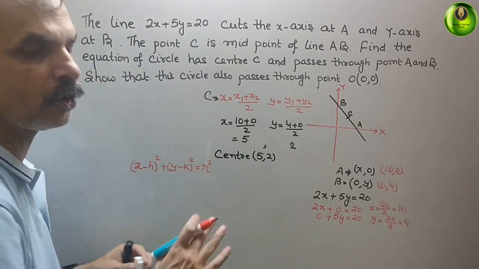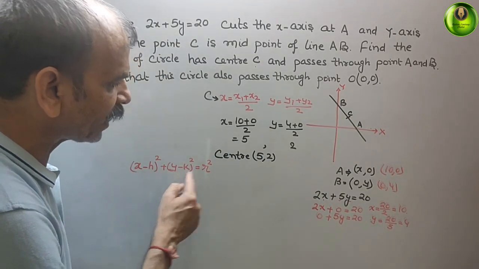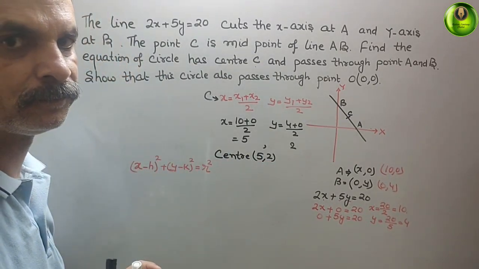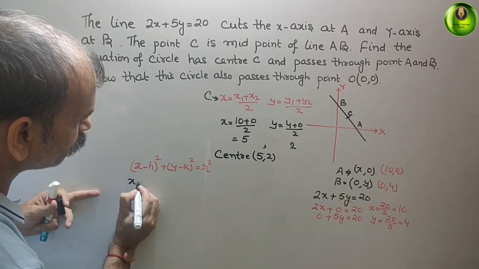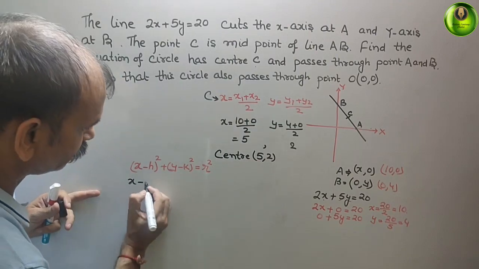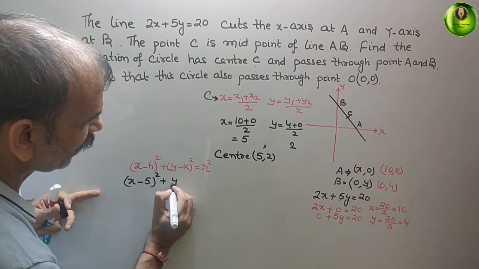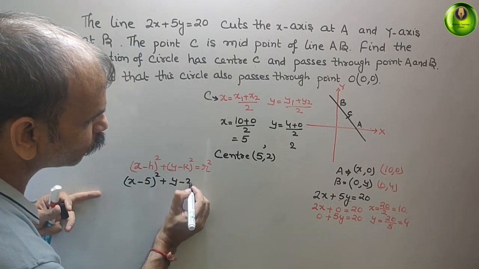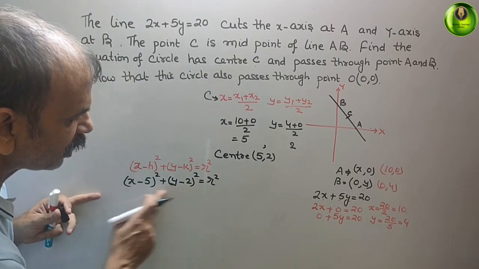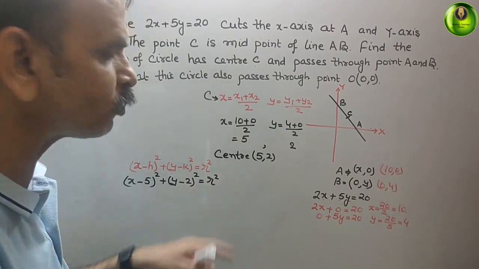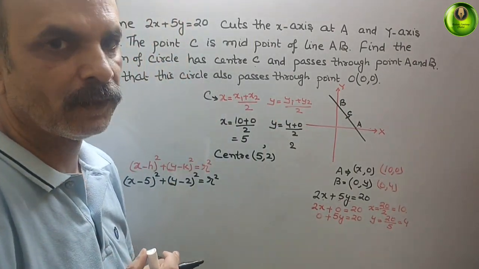Here h and k are the coordinates of the center. So x minus h, that is (x - 5) whole square, plus (y - 2) whole square, is equal to r square. Now this equation is incomplete, because here r square should be the value of the radius.